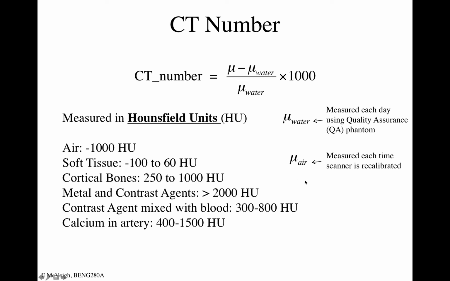The scaling is set such that air is minus 1,000, and obviously water is 0. This is also set to give you the full dynamic range, so the maximum intensity that you're going to measure gives you the signal from air, and that's minus 1,000.